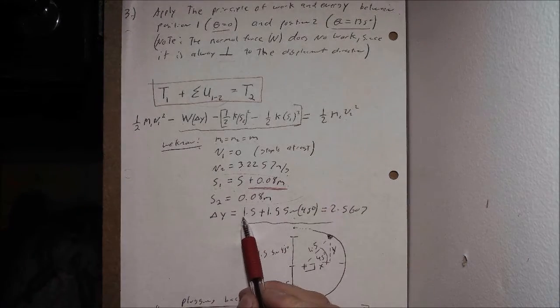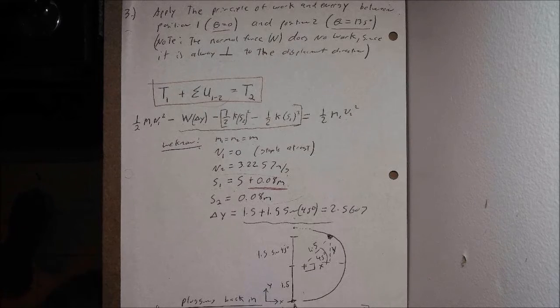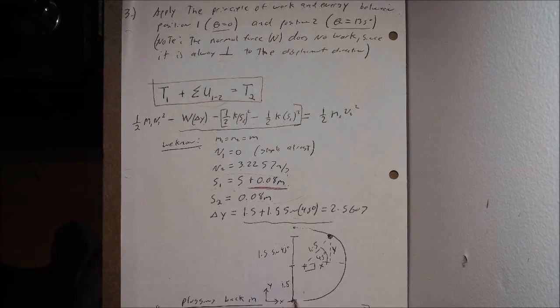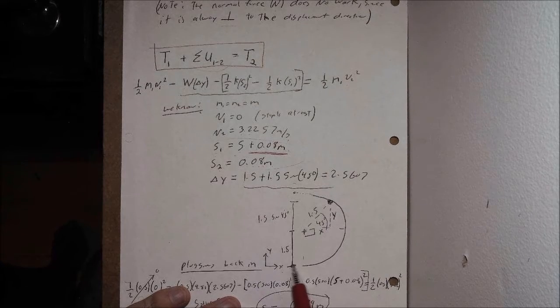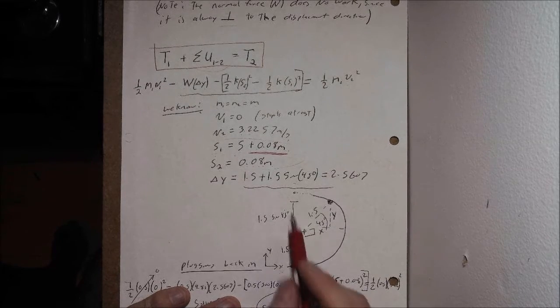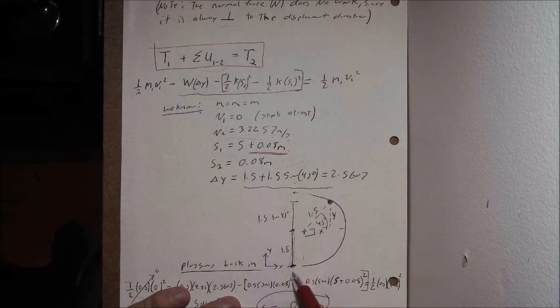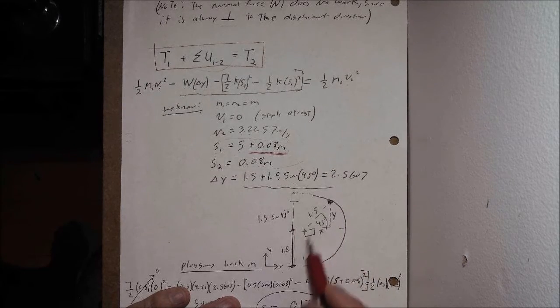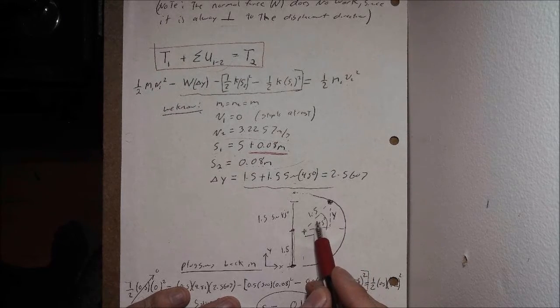Now our delta y here we can take from our diagram down here. We can see where we call our 0 point. We have 1.5 plus 1.5 times the sine of 45 degrees. Why is that? Well, our distance from where the ball starts up to the center is that radius, so that's 1.5 meters. If we were going all the way to the top, if our theta was 180, it would be 1.5 plus 1.5. But it's not. It's right here when theta is 45 off the horizontal or 135 off of our vertical.